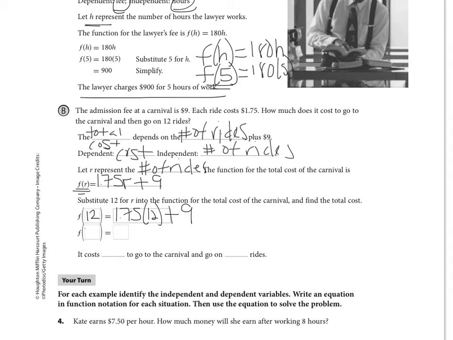Now we're just going to simplify. So f of 12 is 30. We've got to write our nice sentence to describe what we're doing. So it costs $30 to go to the carnival and go on 12 rides. If you would like, you could pause the video right now and do Your Turn number 4, or you can do it after the next page.